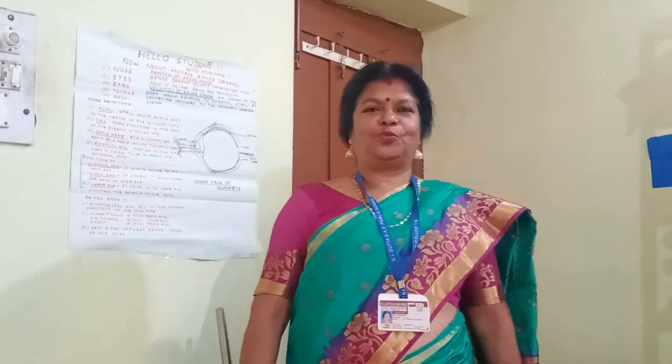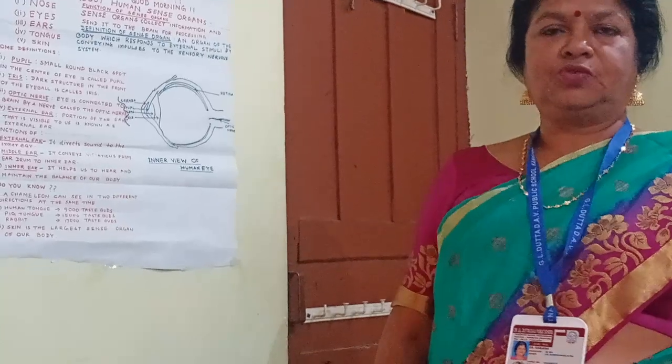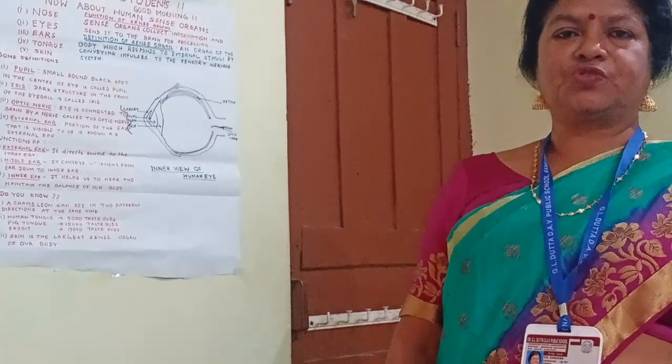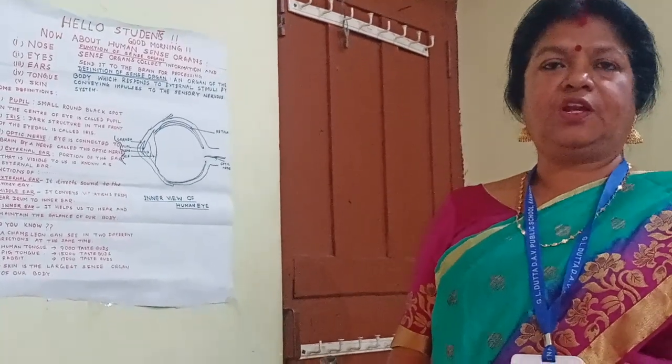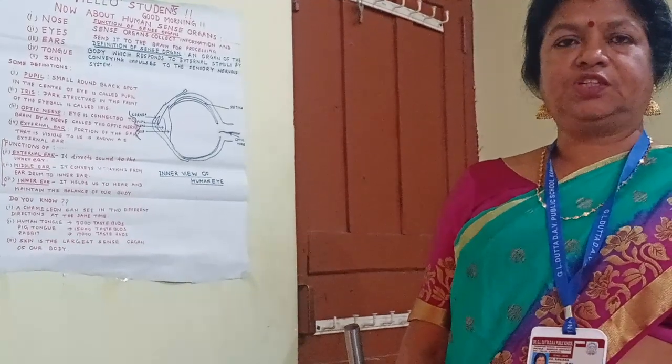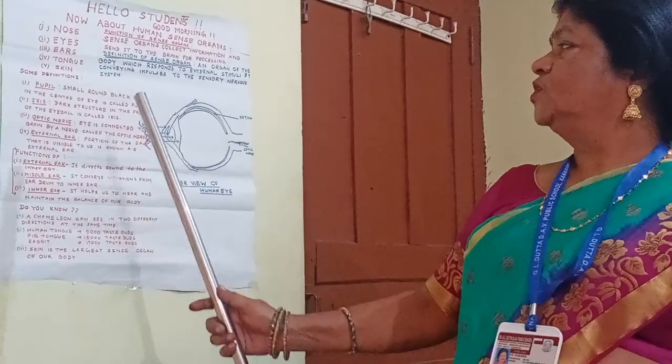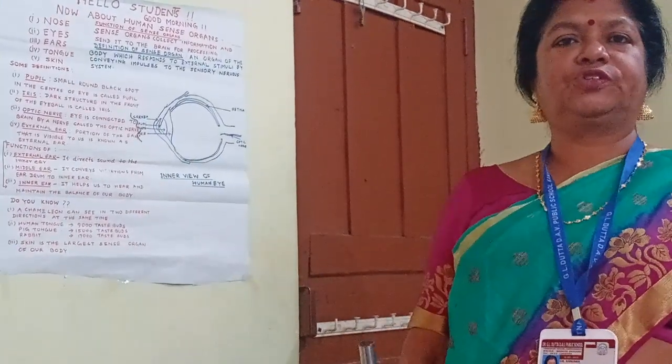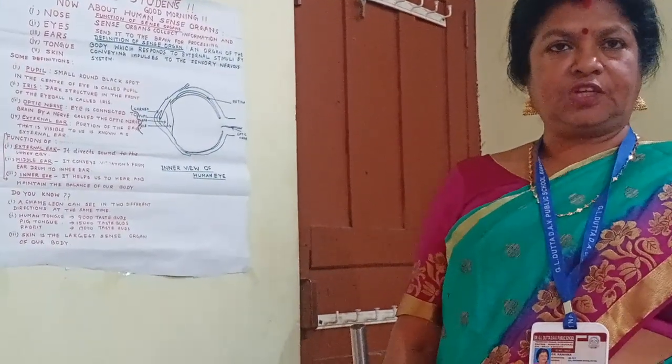So first is nose. With the help of nose, through nerves inside our nose, we smell any bad thing or good thing, isn't it? And with the help of eyes, we are able to see any object with the help of light.